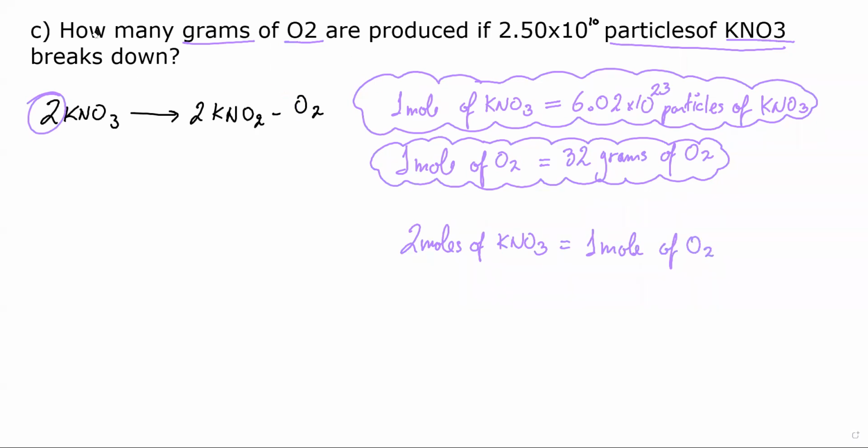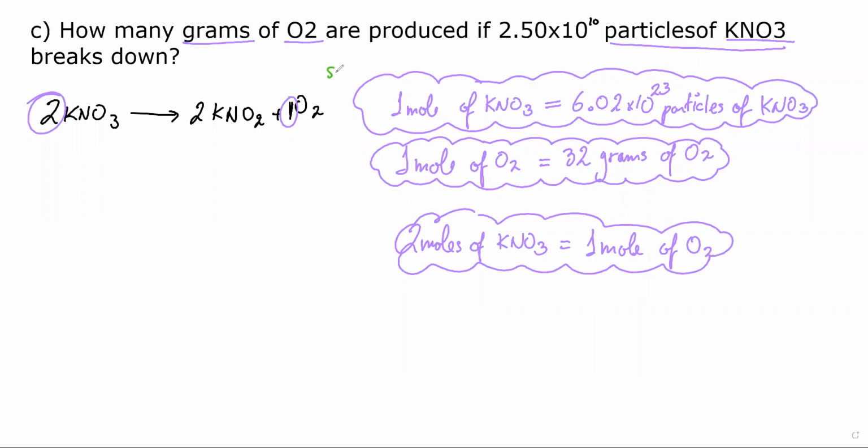I think this should be enough relationships to solve the problem. If we need more relationships, more unit rates, we'll figure them out. Okay, so this is the first step to find any type of relationship.